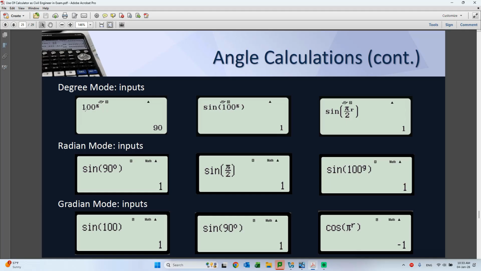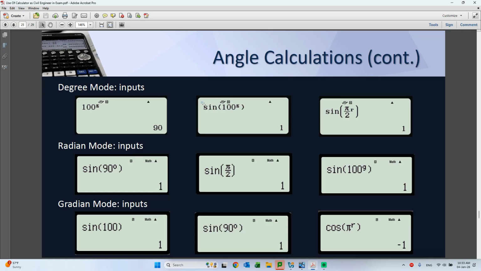Let's say I want to convert between degree and degree, I can directly use these indicators here. Remember, the indicator shows the output, or what you directly put inside the equations. But sometimes I can put a symbol. You see there is a symbol here, G. This means 100G, in gradient, is equal to 90.